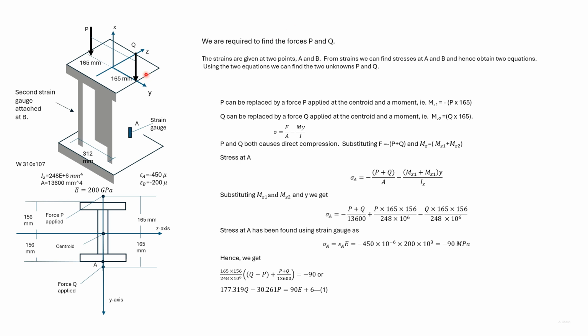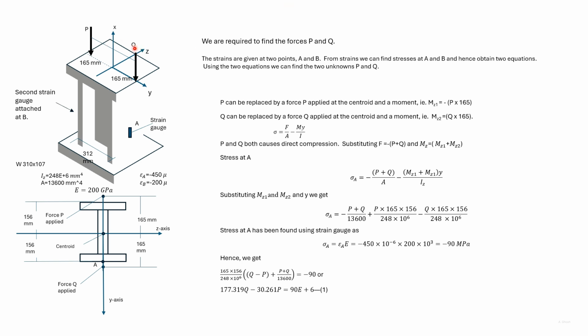Now, as discussed earlier, the force P acting here can be equivalently given as the force P acting on the centroid and a negative moment P multiplied by this distance.